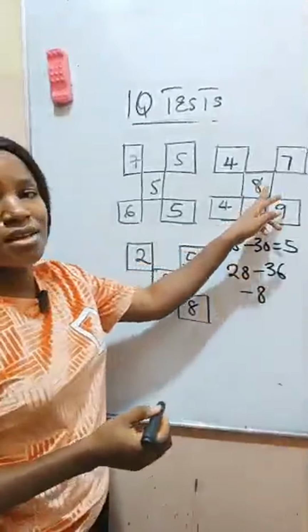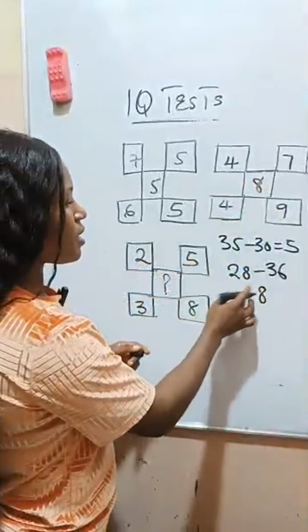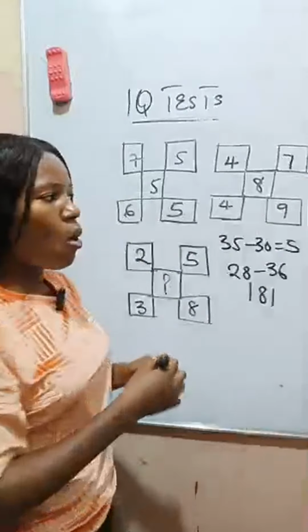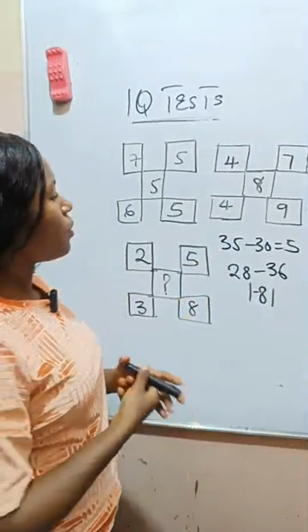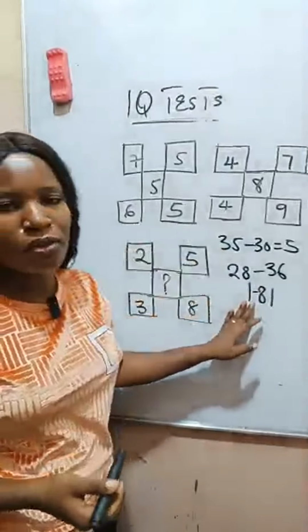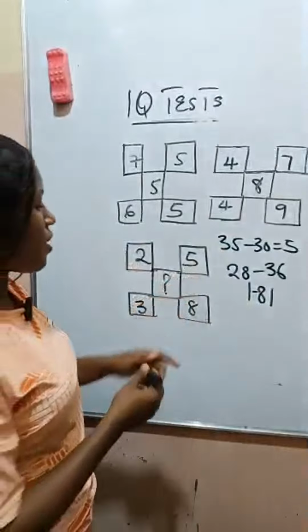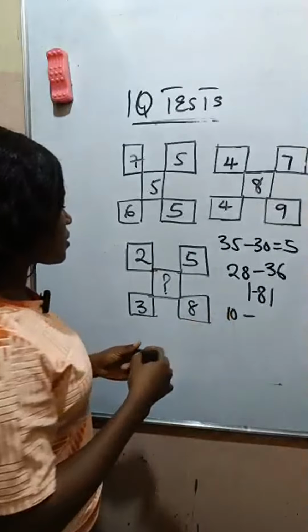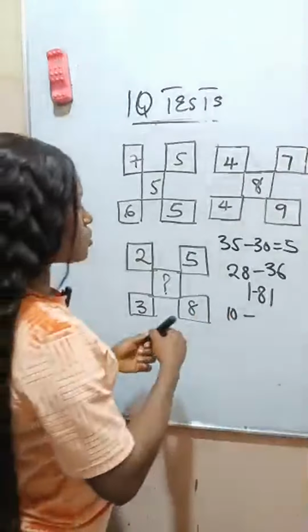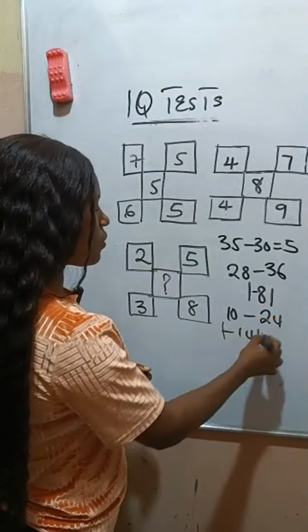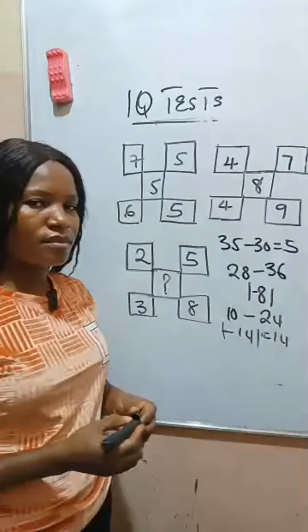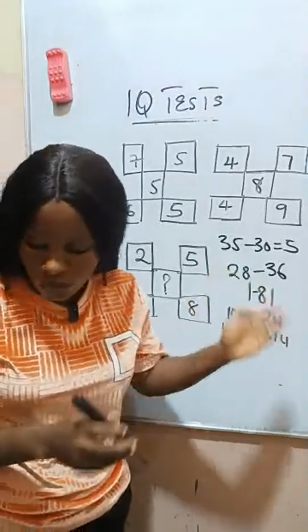But what we have here is 8. So let's say they're taking the absolute value of whatever they got. Now, if we use this method, we are going to have 2 times 5, which is 10, minus 3 times 8, which is 24. So we have minus 14, and its absolute value is 14. That is the first one.